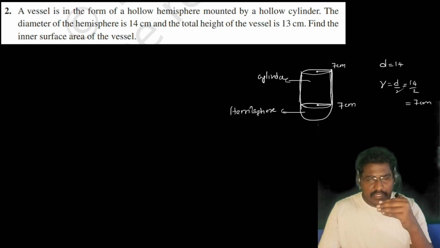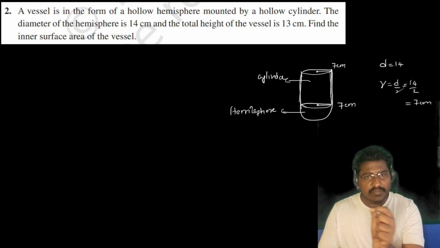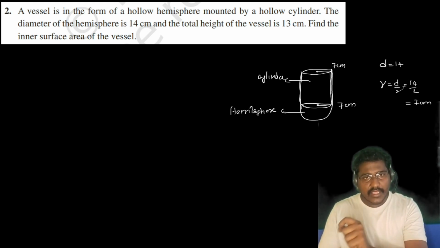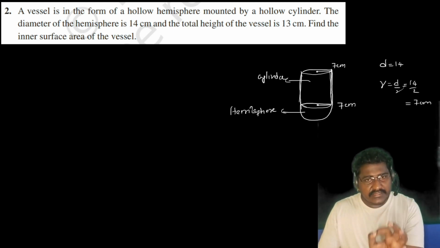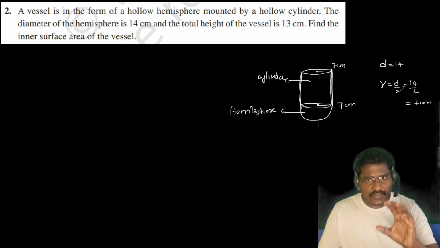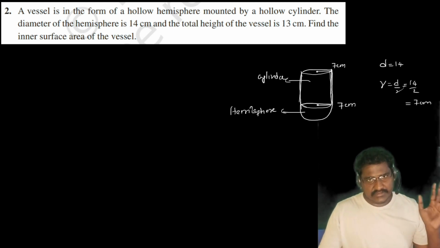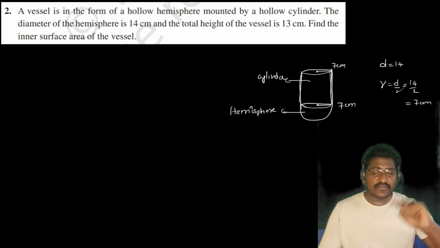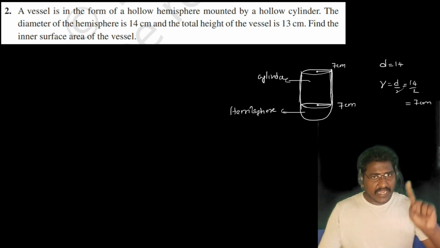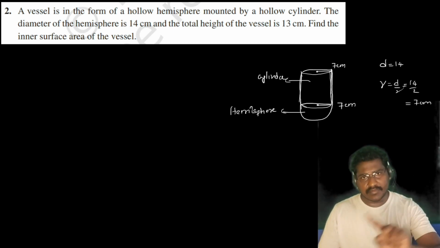Even though in the question they may give a radius of hemisphere or radius of cylinder, that radius is common for both figures. If two figures are joined or mounted one upon another, they have the same common radius. Even if the data of the other figure is not given, we should realize that they have the same radius and same diameter, and take the same radius for calculations.